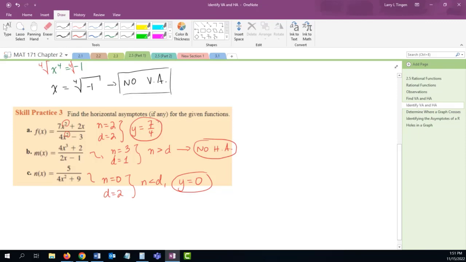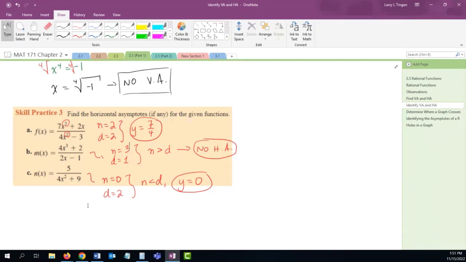Remember that n is the degree of the numerator, d is the degree of the denominator. Don't get confused, because there was just a little half second there where I said, oh, 5, that's degree 5. No, it's degree 0, because there's no x there. So I've got x to the 0.